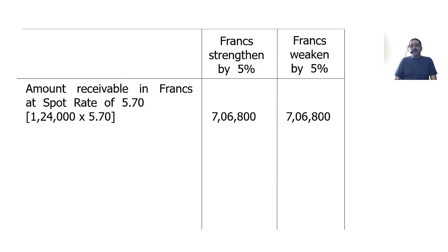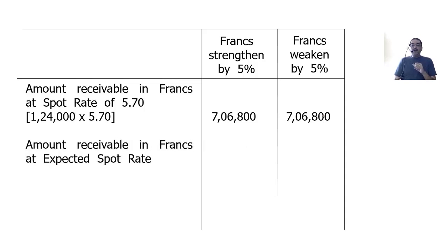Next, at the expected spot rates, that means if the franc strengthens by 5%, it becomes 5.42, then what? If francs weaken by 5%, the rate comes to 5.99, then what? Amount receivable in francs at the expected spot rate.